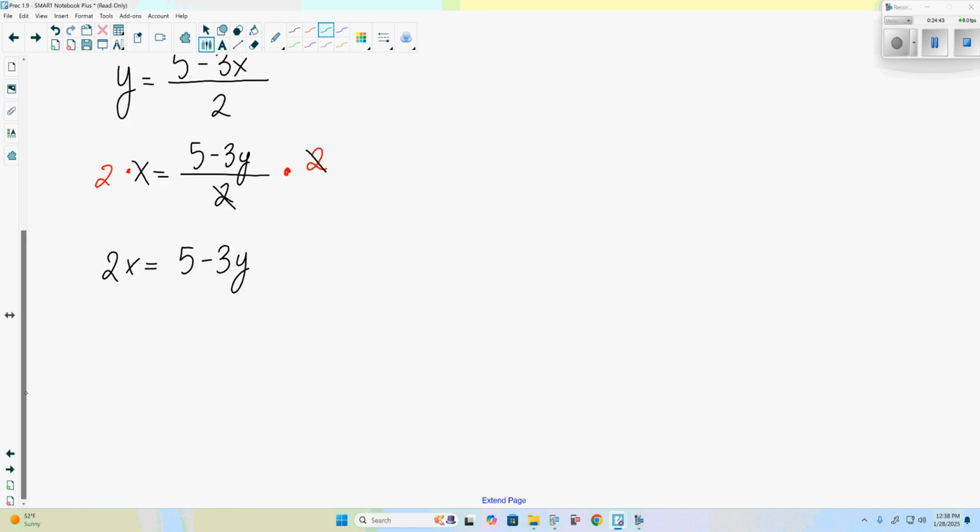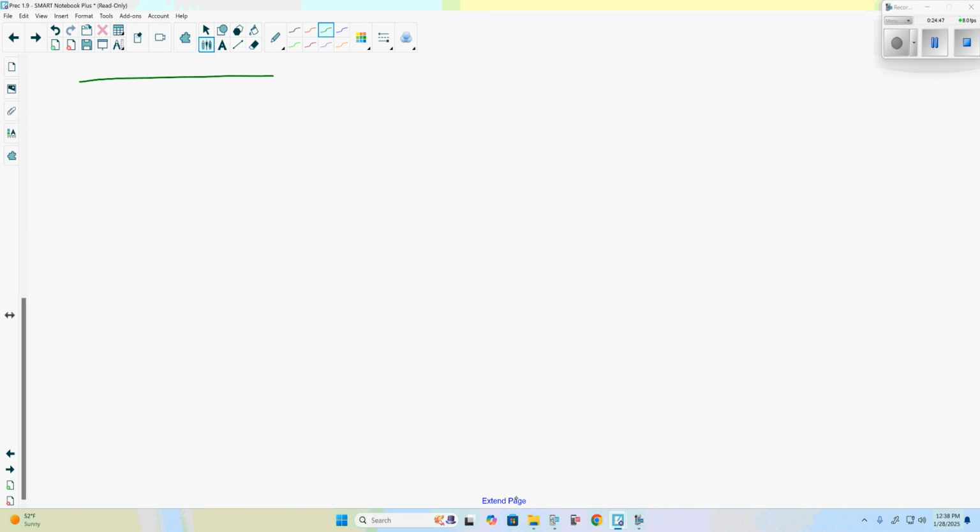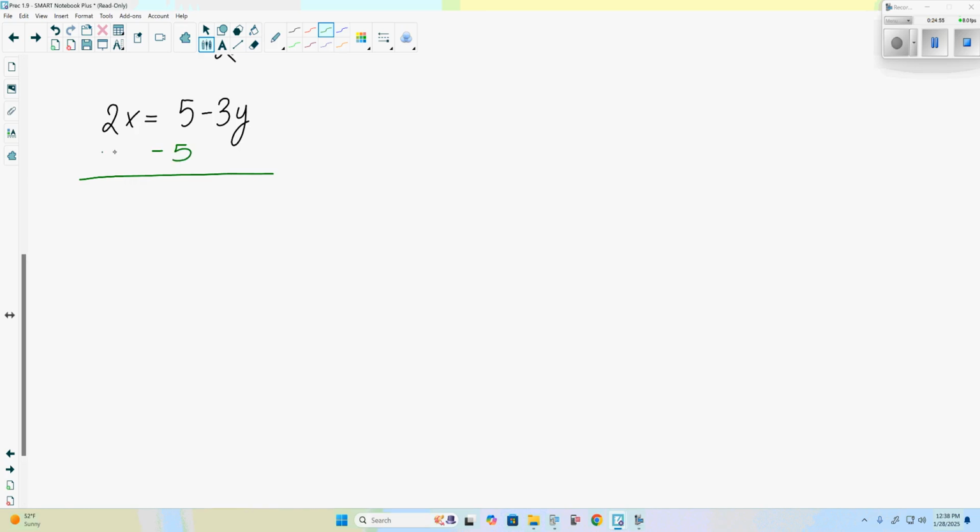What can we do next? Because we're wanting to get y by itself, we can subtract 5, telling us that negative 3y is equal to 2x minus 5.